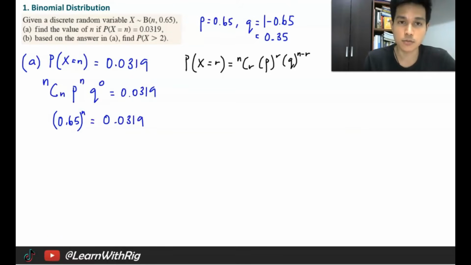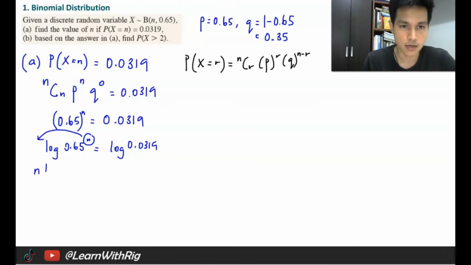The easier way to do is, as you all learned in Form 4, using log. So I want you all to take log base 10 on both sides. So you get log 0.65 power n equals log 0.0319. Now you learned in log before, when there is a power up here, you can bring it in front.